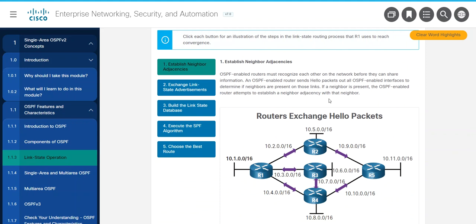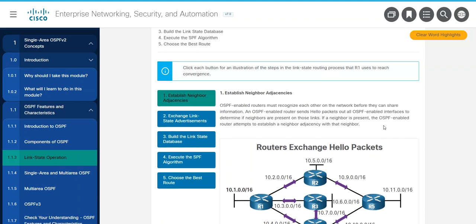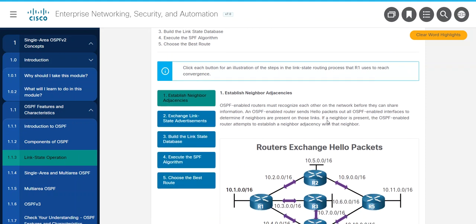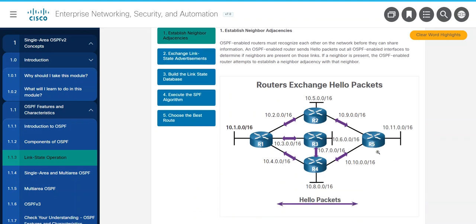Here's your different types of packets and the processes that OSPF uses. So the first thing that's done is they establish neighbor adjacencies. They do that through exchanging hello packets. So each router sends hello packets to the other routers.